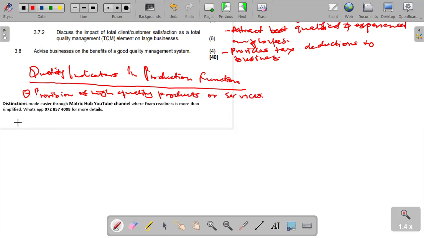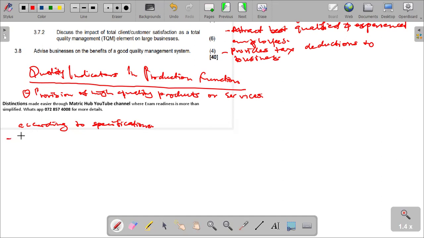That can be number one. Number two, we can talk about how businesses should clearly communicate their roles and responsibilities. A business must clearly communicate roles and responsibilities to its production workforce.